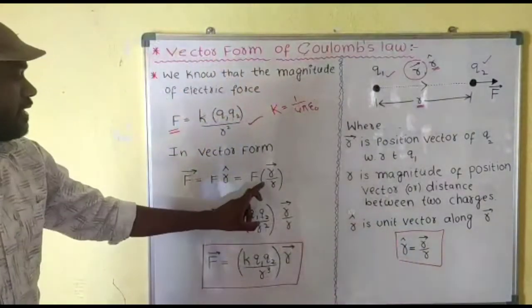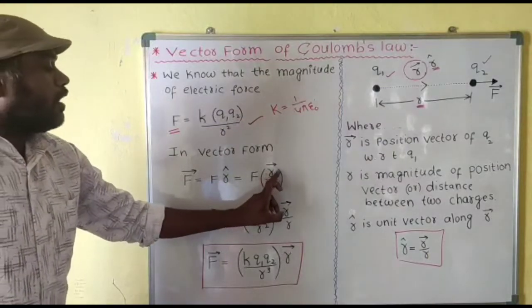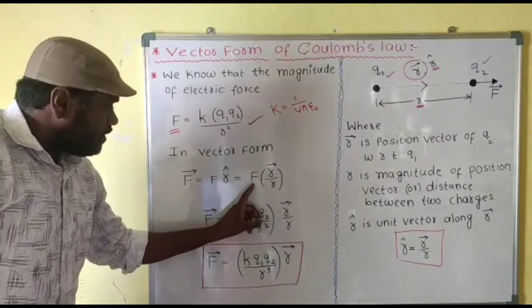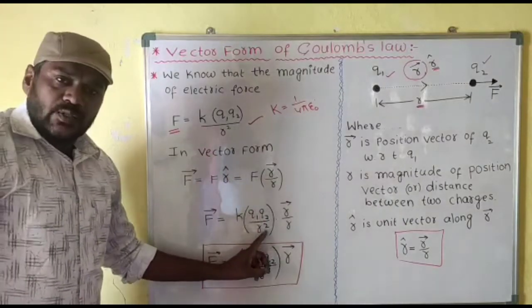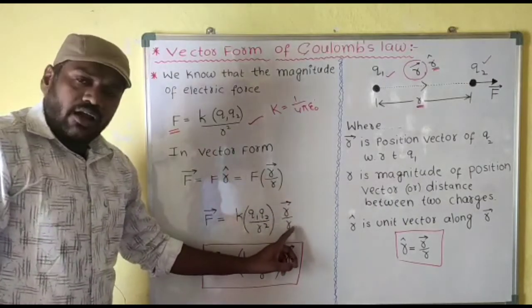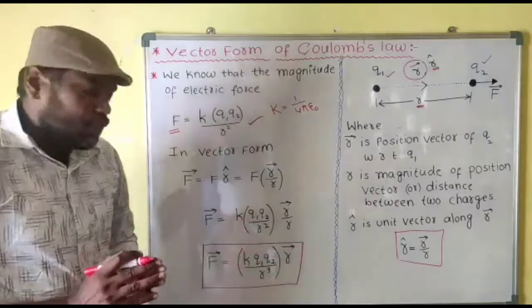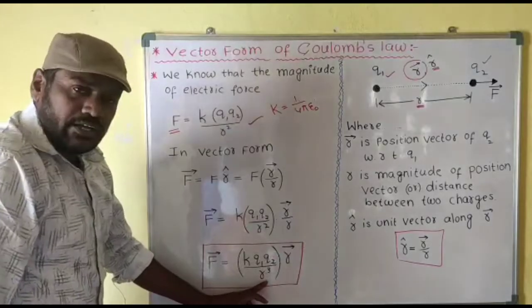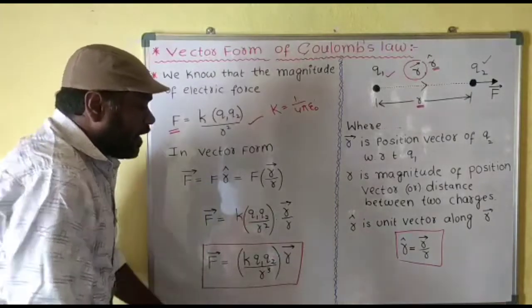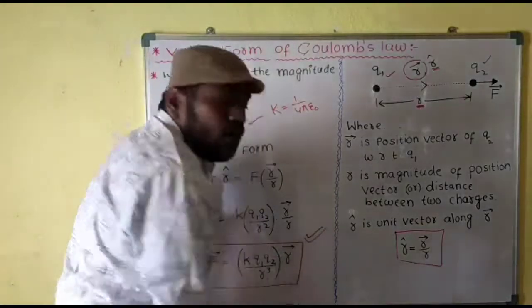Therefore, in place of r cap, I am writing r bar by r, and here you substitute the F value. F is equal to K Q1 Q2 by r square, and here r bar by r into r square becomes r cube. Therefore, F bar is equal to K Q1 Q2 by r cube into r bar. This is the vector form of Coulomb's law.